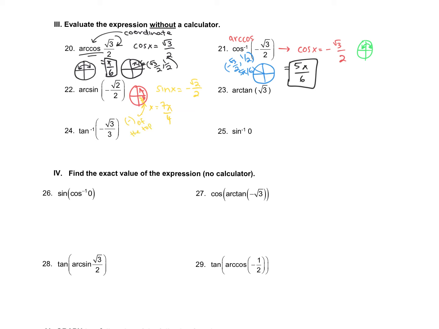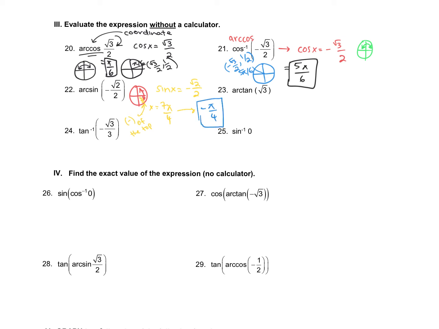And what I mean by that is 7 pi over 4, if you look at your unit circle, is the opposite of pi over 4. It's in the same line, the middle line, but it has switched signs for its coordinates. So instead of a negative, it might have a positive, or vice versa. But instead of writing 7 pi over 4, for arc sine, we are going to write negative pi over 4. That'll be our answer.